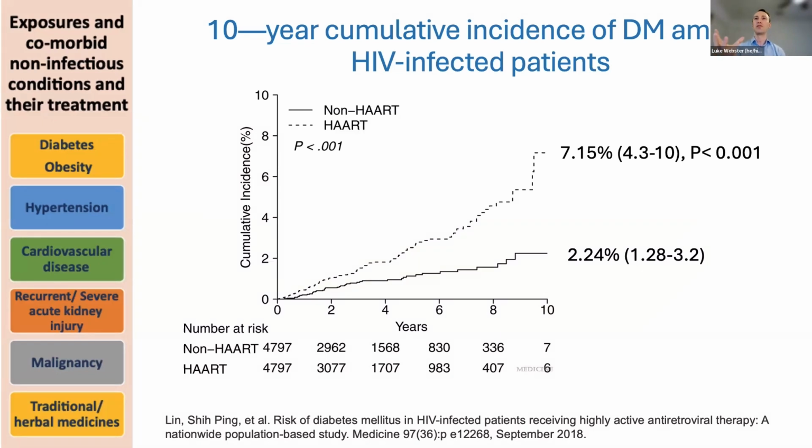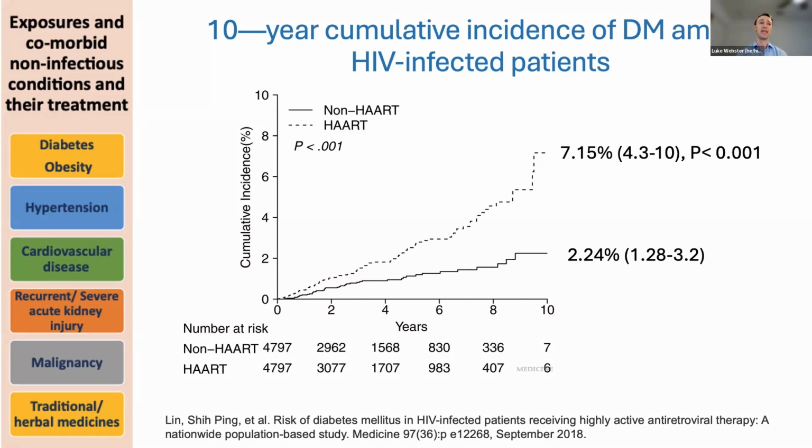But I just wanted to present this one study that suggests that HIV patients who have been on antiretroviral therapy had a 7% risk of diabetes over 10 years as compared to maybe 2%. And there are fantastic proven benefits of antiretroviral therapy, but they perhaps do play a chronic role in some of these medical processes over time.